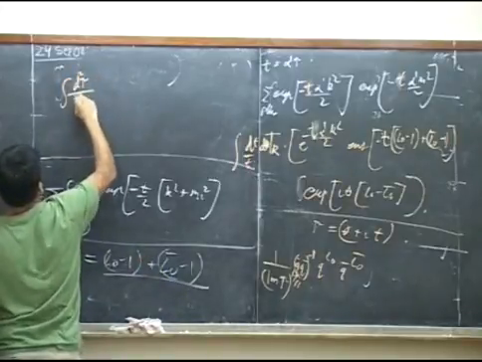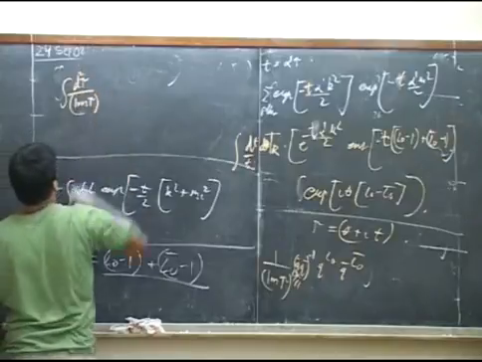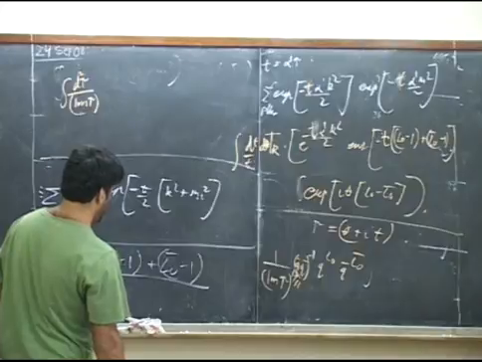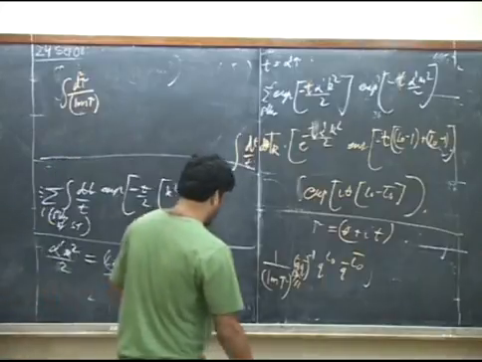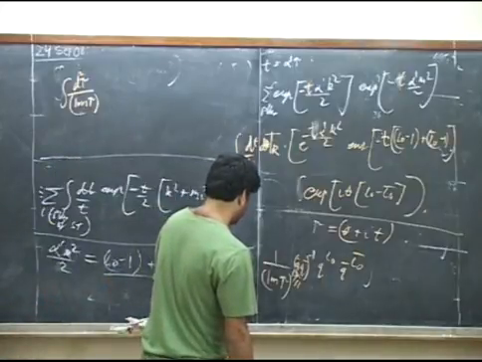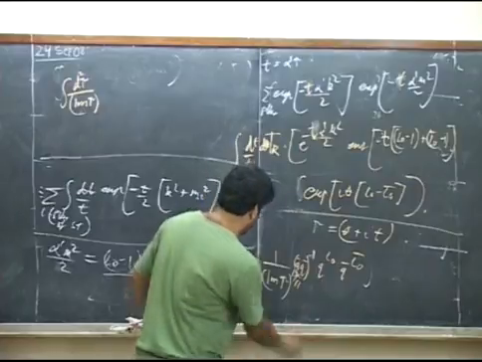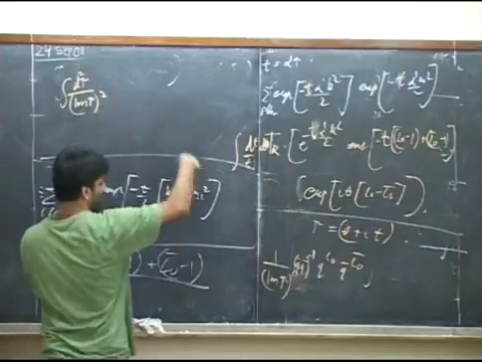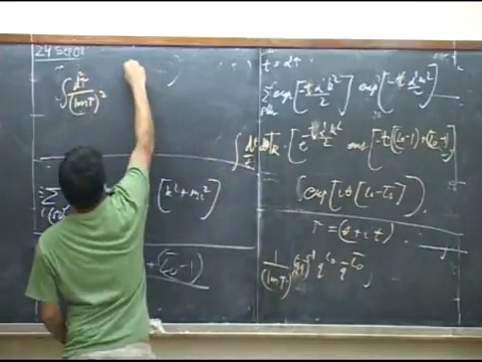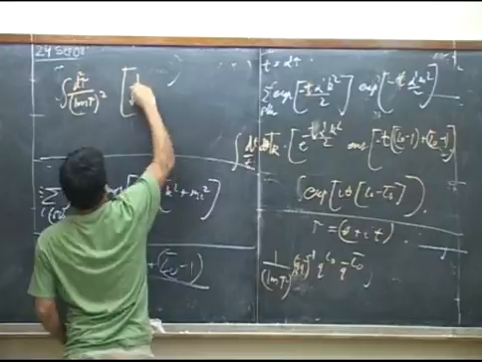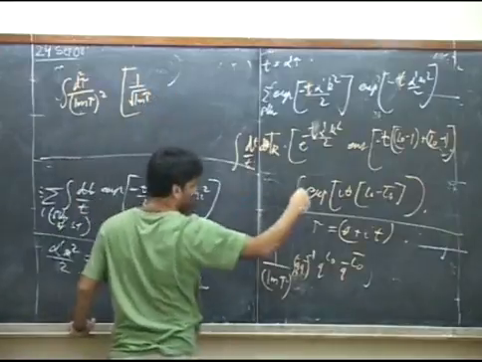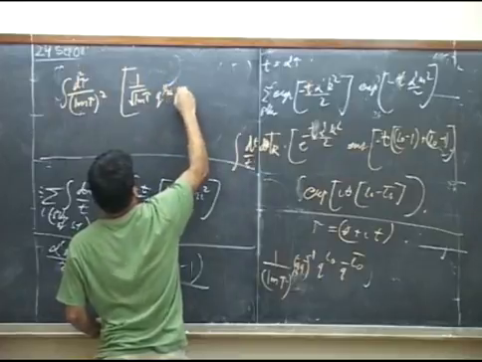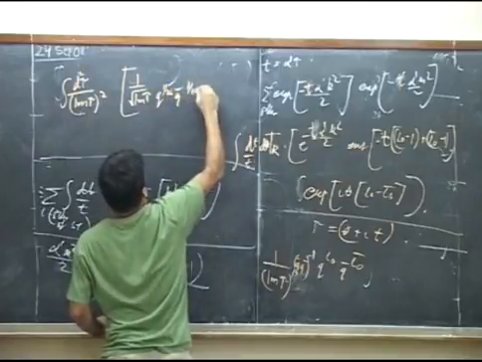If we have d2 tau by imaginary tau, now this is imaginary tau to the power 13 by 2, and then we put 12 in there. So 1 by square root of imaginary tau times q to the 1 by 24, q bar to the 1 by 24 times this.